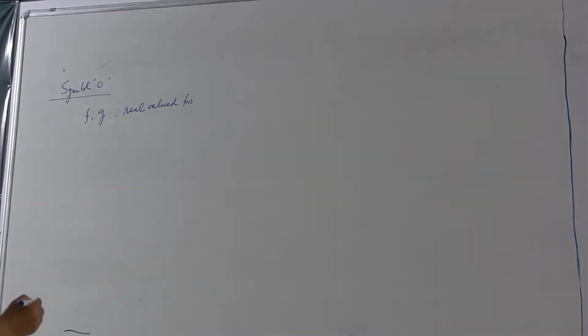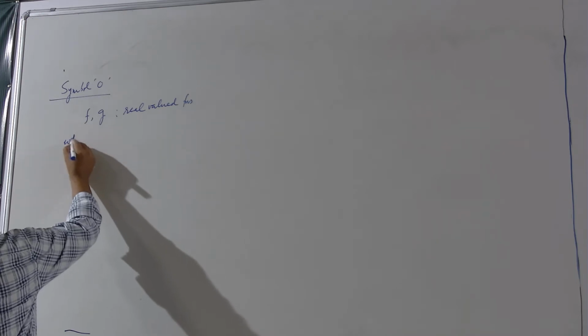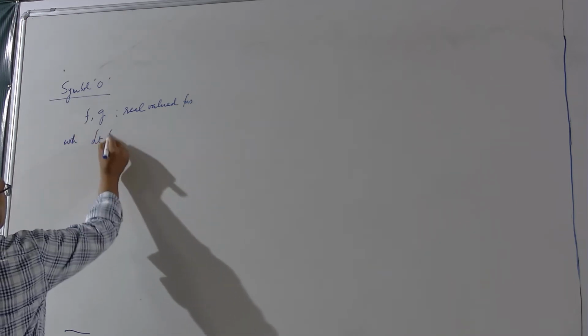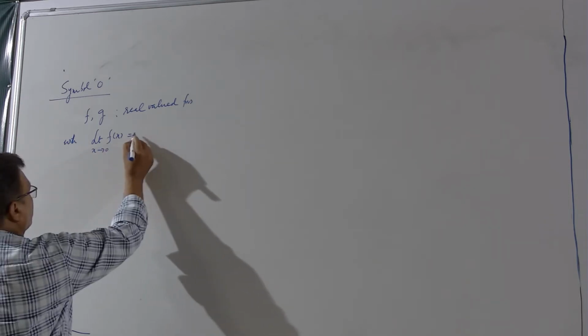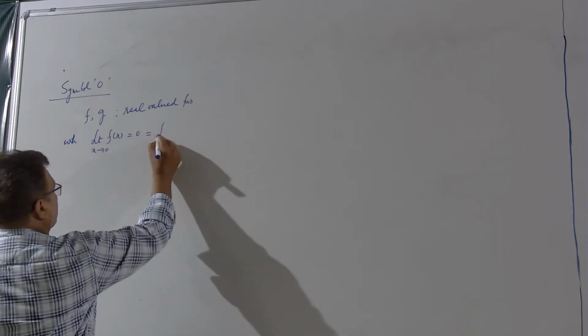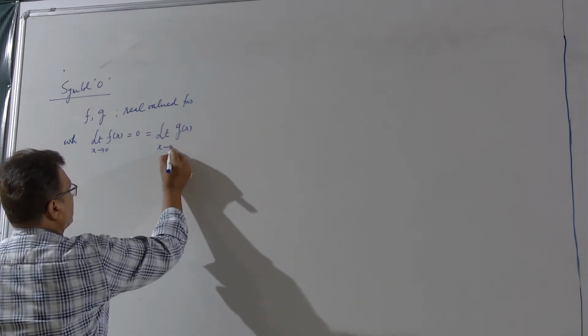These are two real valued functions with the condition that the limit of f when x goes to 0 is 0, as well as the limit of g x when x goes to 0 is also 0.